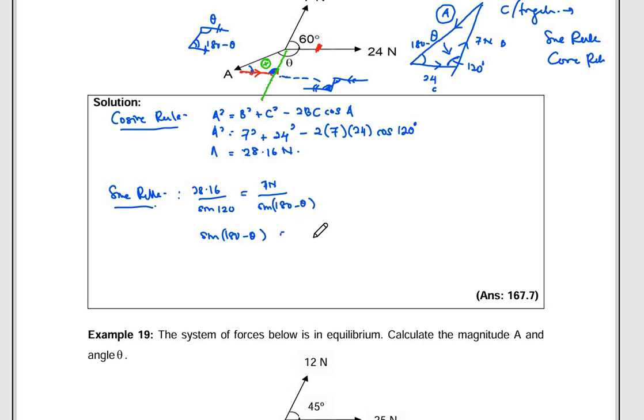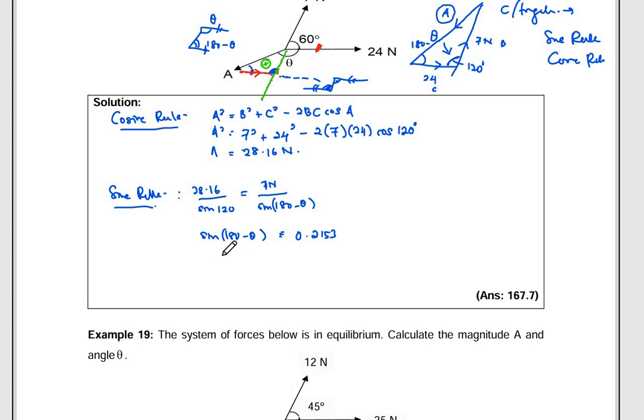Okay, you simplify. Okay, sine 180 minus theta is 0.2153. Okay, 0.2153. Betul tak? 28.16 divided by sine 120. Okay, 7 divided by answer. Okay, 0.2153.